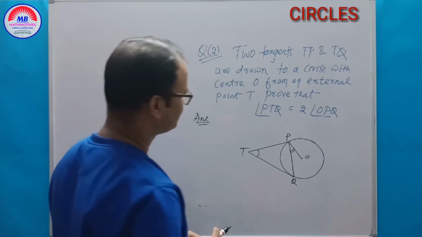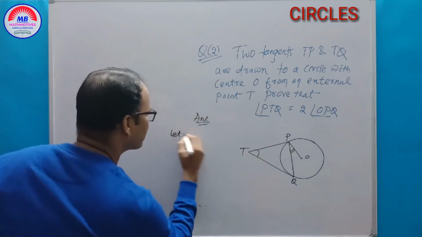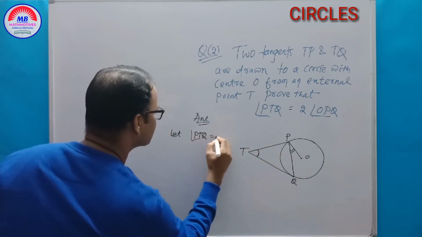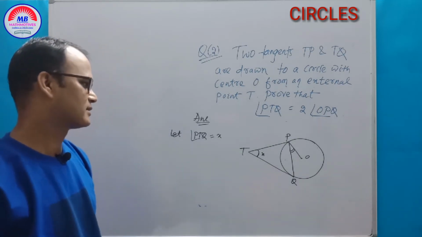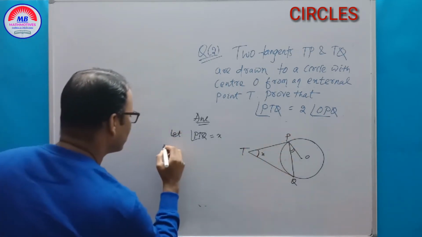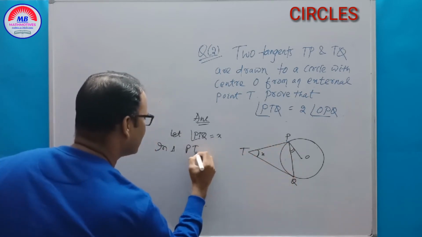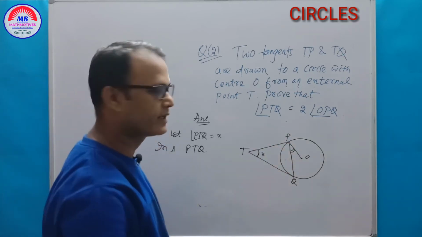Now you see, let angle PTQ be equal to X. In triangle PTQ, the sum of three angles is 180 degrees.